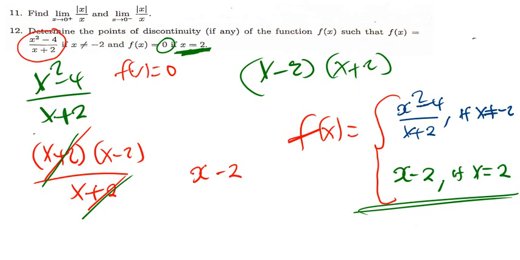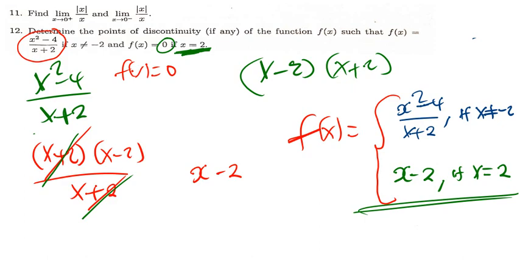But again, what I've done here is realize that if I plug in 2 directly, I'm going to get 0. So what should I do? I should make this function defined. It can only be defined when x is not equal to -2, meaning my discontinuity is at x equal to -2.